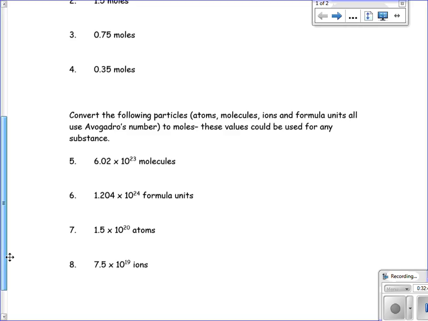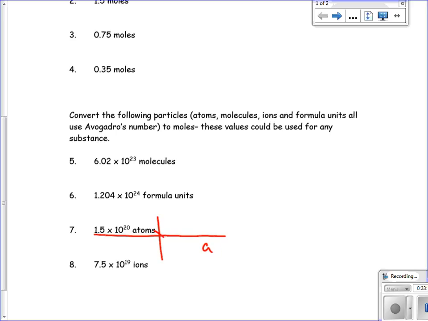Let's do number 7 for fun. Number 7 says we have 1.5 times 10 to the 20 atoms of something. So it must be an element off the periodic table if we're talking about atoms here. So in this case, what do I diagonal down? Atoms. Atoms goes down here.